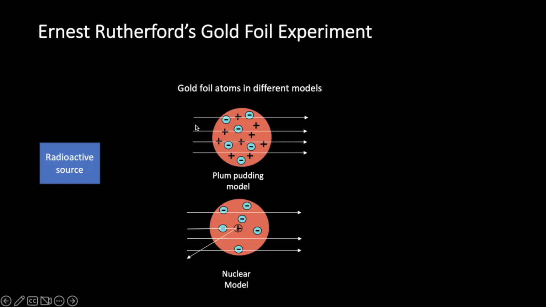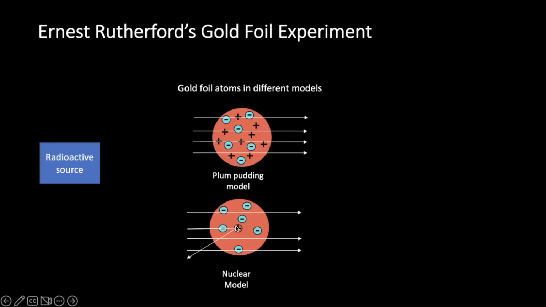His hypothesis was that all those rays are going to go through the atom, which would make the plum pudding model the ideal model of what they thought. But instead, some of the particles reflected back instead of going all through the atom, which we see at the bottom in the nuclear model.